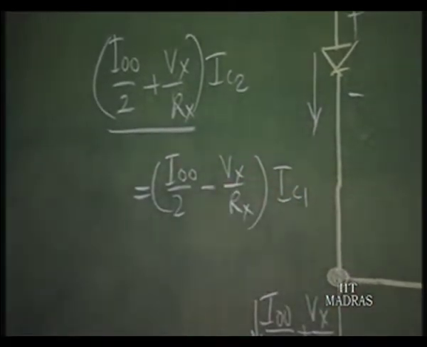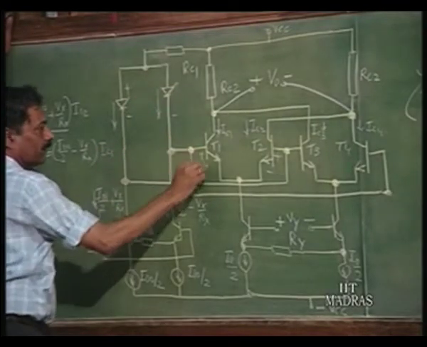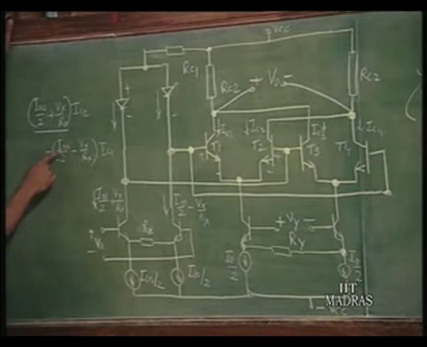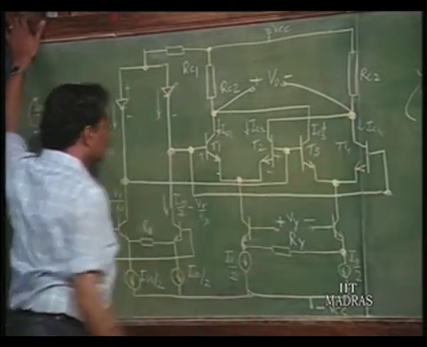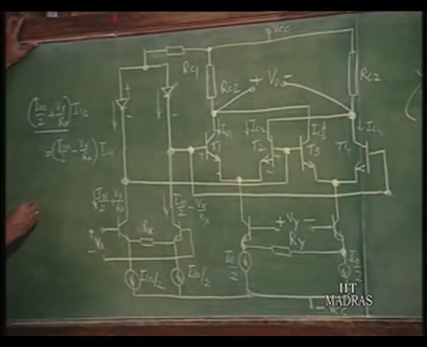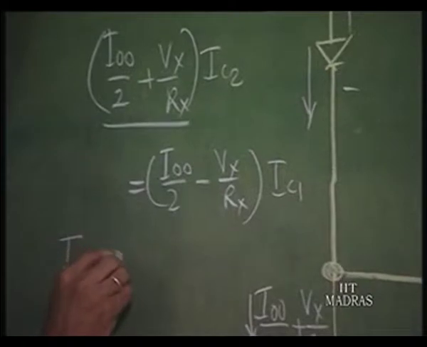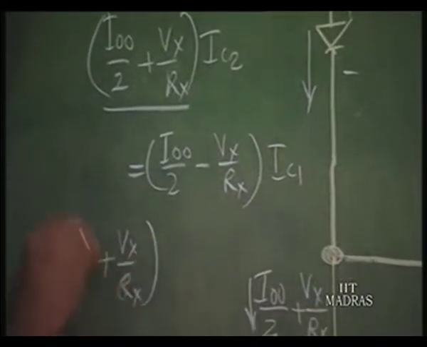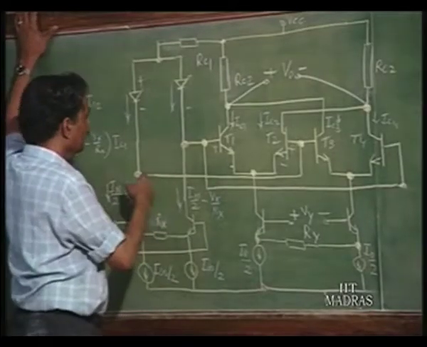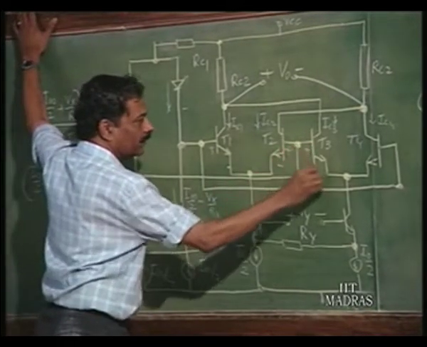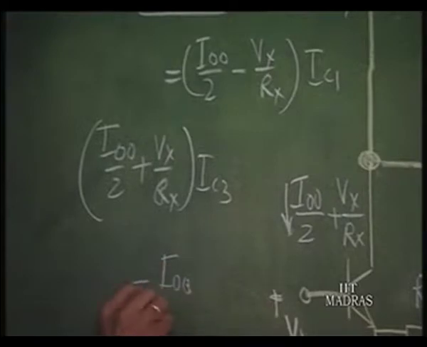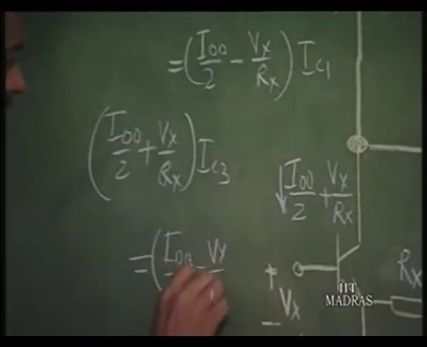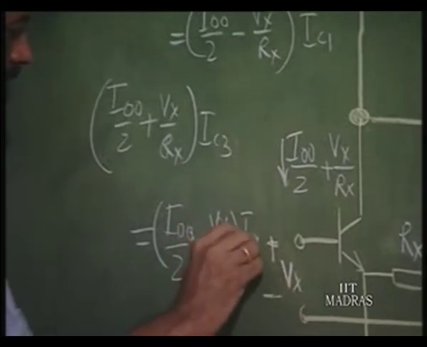And since these two voltages are adding, and the same voltage is also applied to another set, what we get is I naught naught by 2 plus Vx by Rx into IC3 equals I naught naught by 2 minus Vx by Rx into IC4.